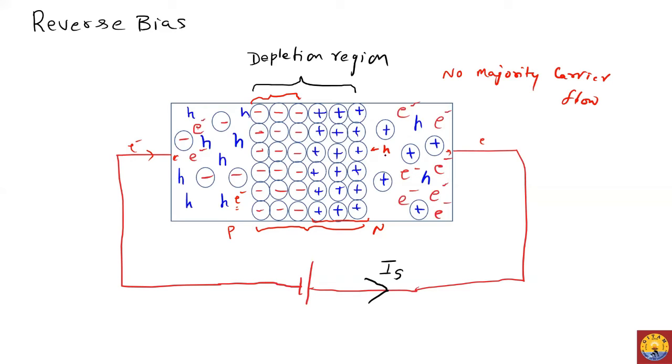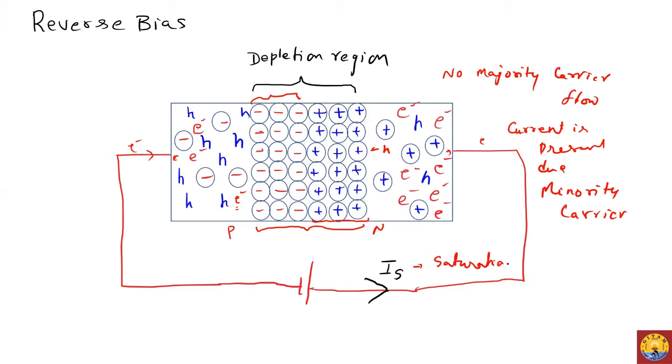So either side is attracting minority carriers, so there is a flow of minority carriers. So current is present due to minority carriers in the case of reverse bias, and we call it saturation current. This is indicated as saturation current.